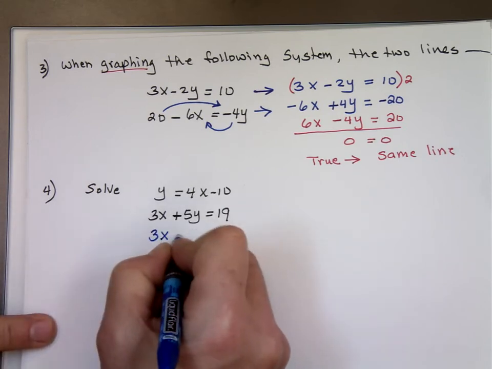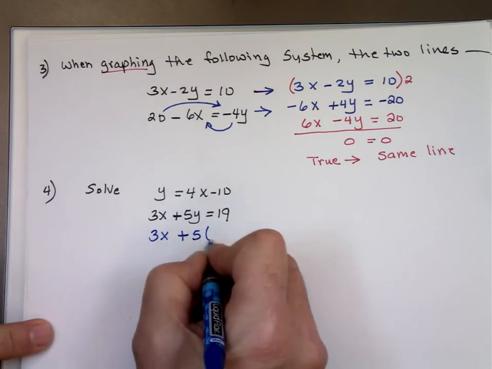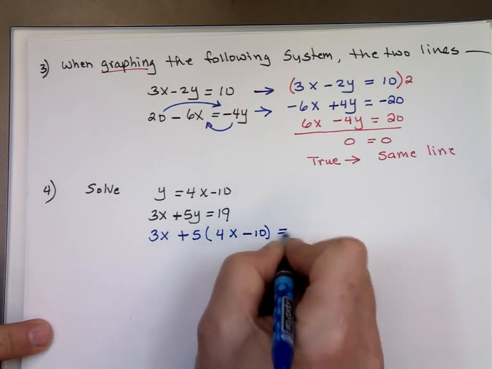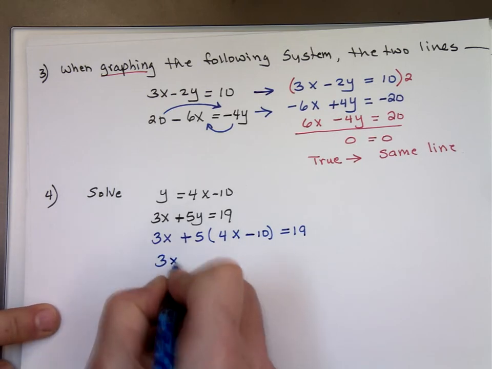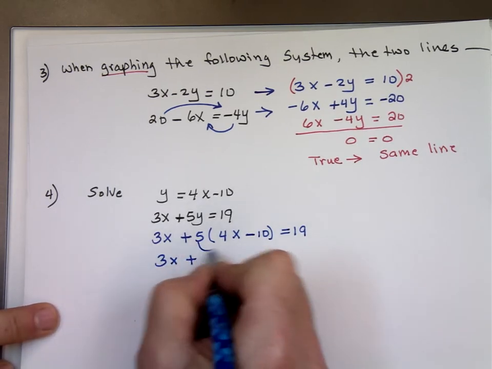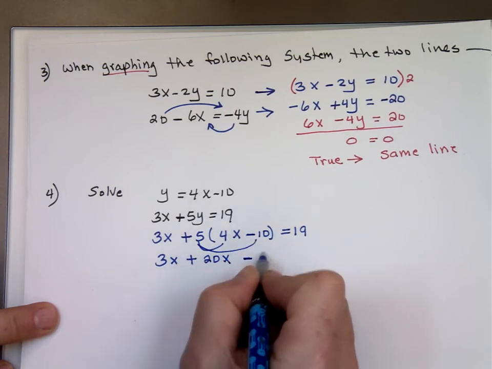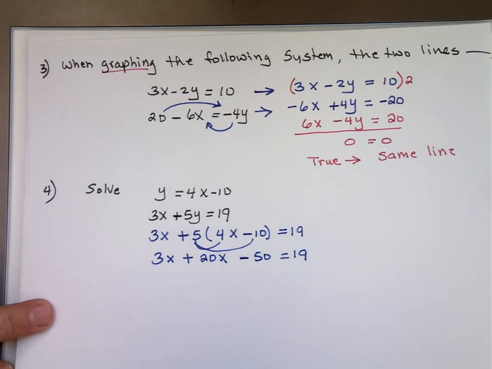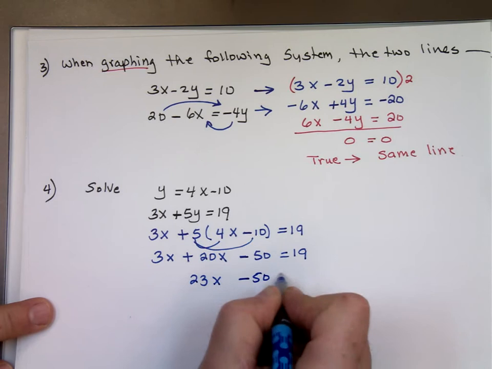3x plus 5 times, in place of y, let me put the value of y, which is what? 4x minus 10. 3x plus 5 times 4 is 20x minus what? 50 equals 19. 23x minus 50 equals 19.